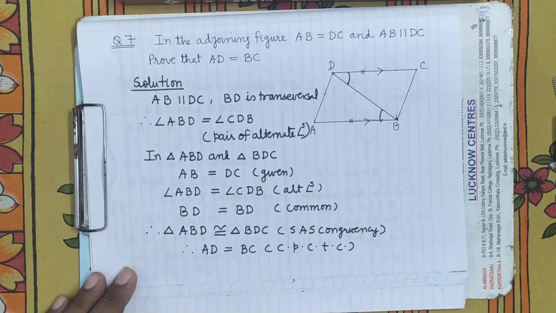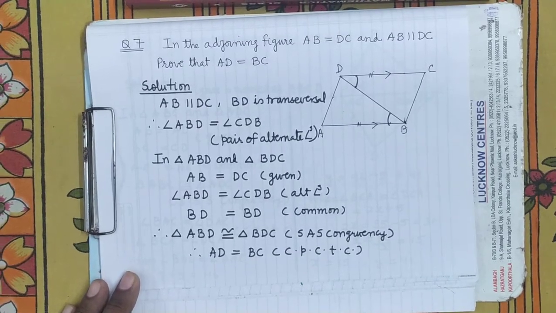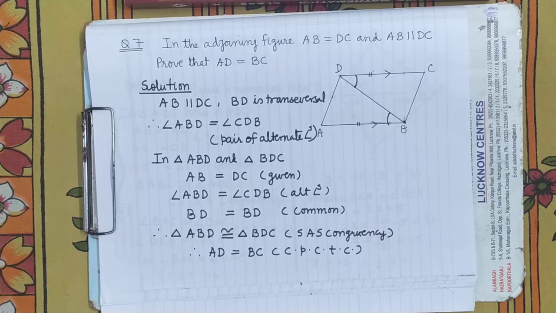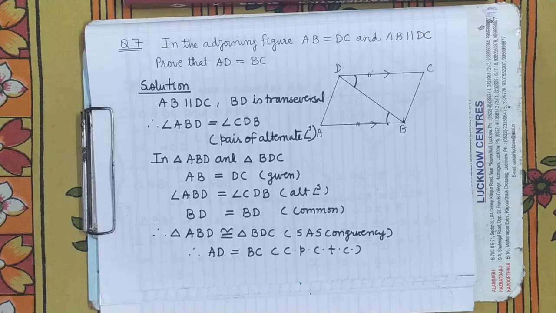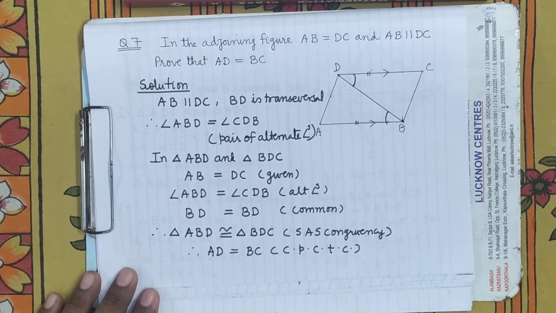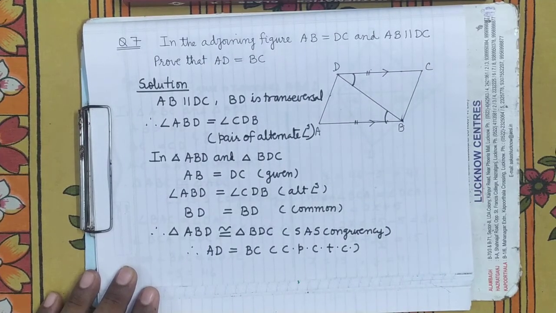Is it clear? So, all of you remember one thing: in triangles, how will you prove the congruency? First, you think about the question and the steps of how you will prove the congruency. You identify the pair of equal parts and then determine by which congruency you can prove them congruent.